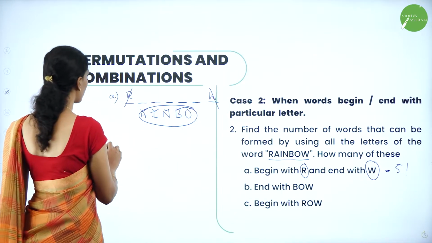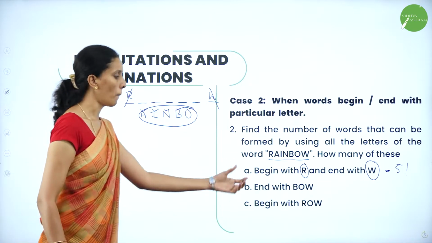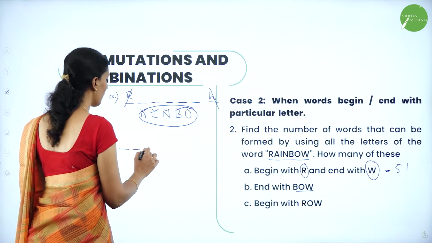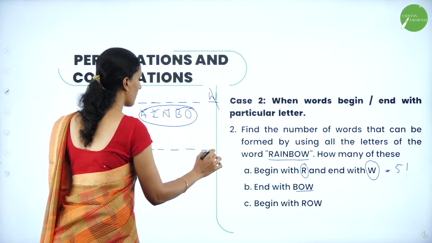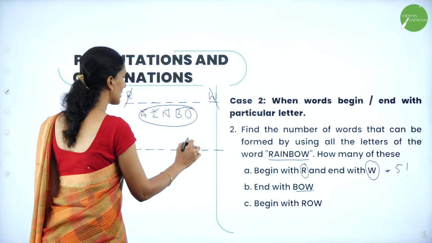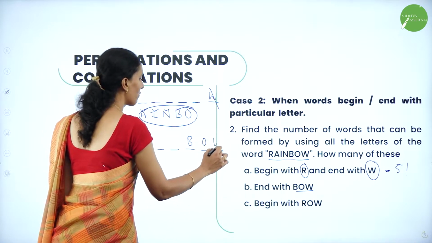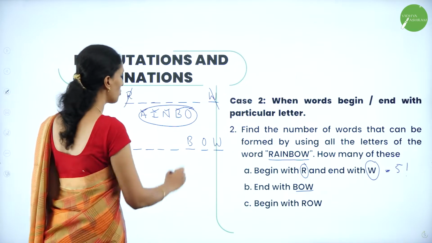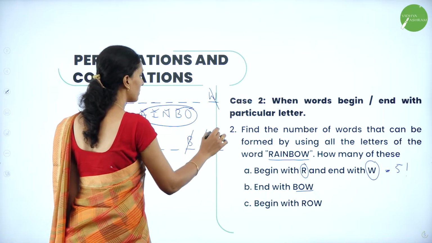Next question: end with bow. Simple. We have 7 letters. The last 3 letters are fixed. You cannot change their order, so you should not take them in count.